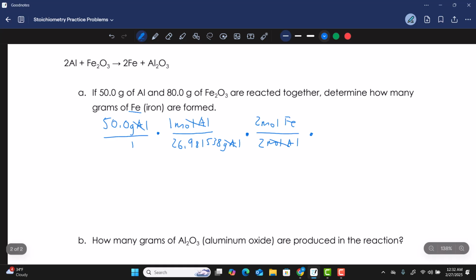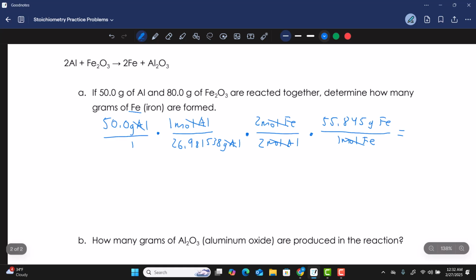And then we want to find the molar mass of Fe on the periodic table, which is 55.845 grams of Fe. We want moles on the bottom so that they can cancel out, and that would give us the grams of Fe, which is what we want.